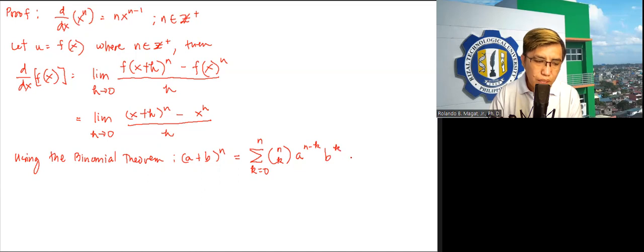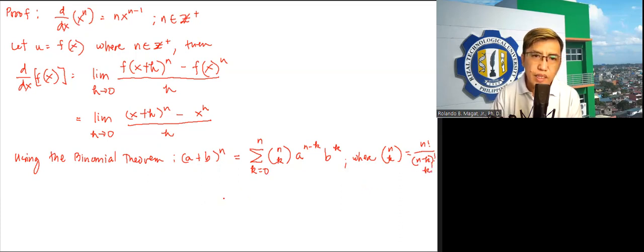This is our formula, where n choose k is just a combination formula. We have n factorial all over n minus k factorial k factorial, di ba?